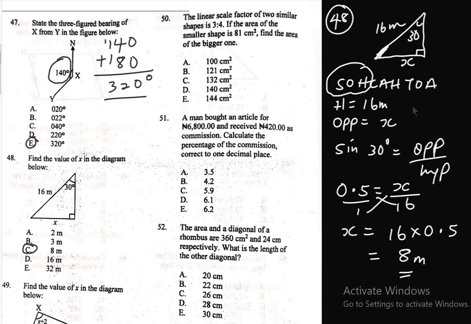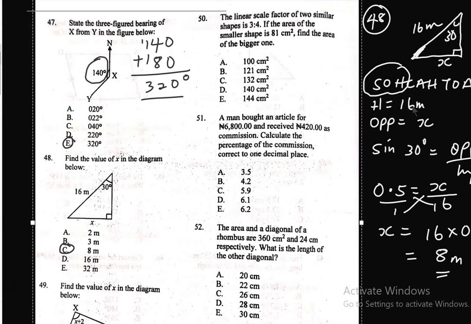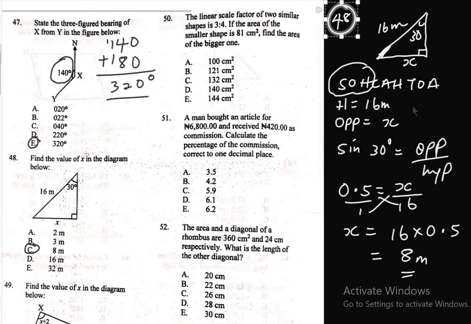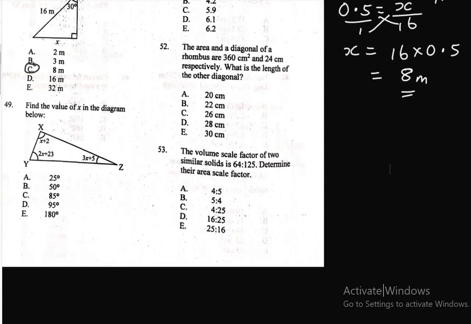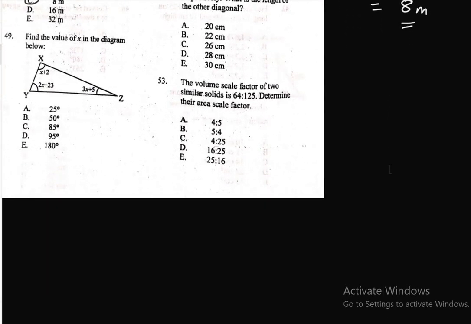Now let's take question number 49. Question 49 says, find the value of x in the diagram below.